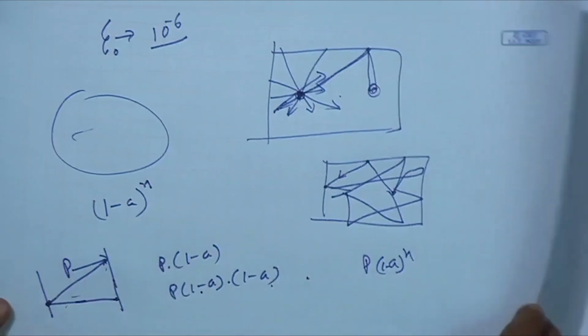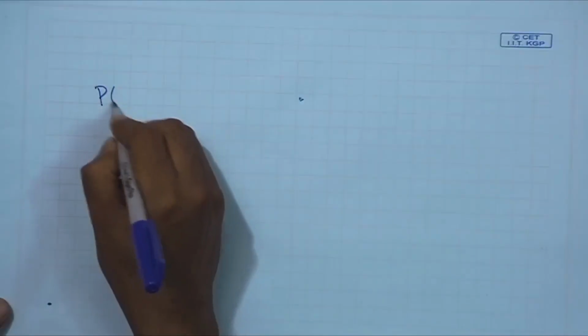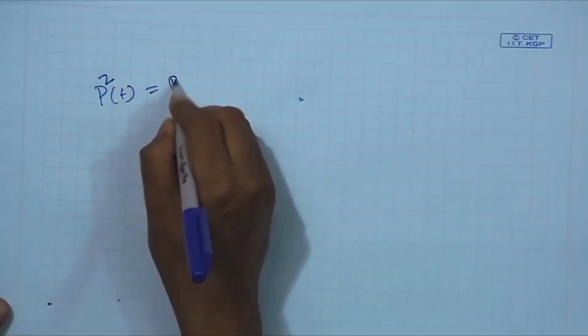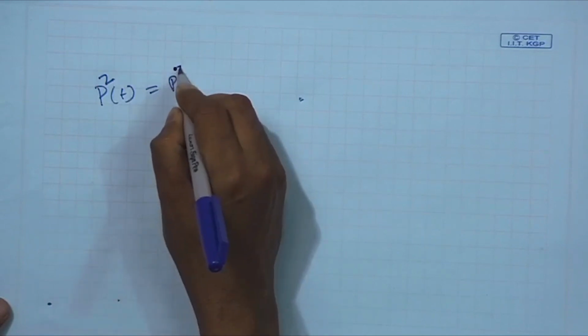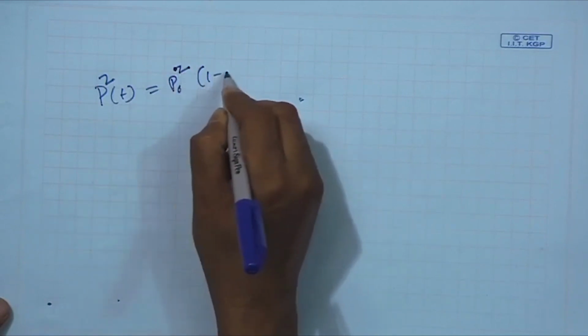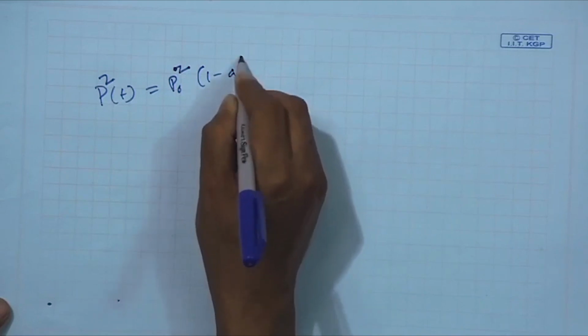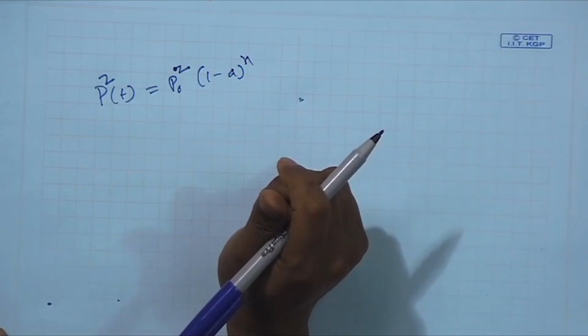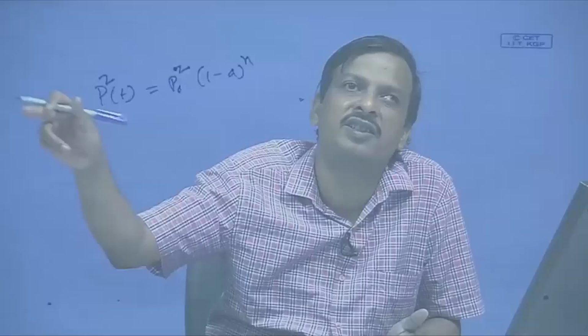Okay. So, after n reflections, what is P square t? It is P0 square, where P0 is the initial power, times 1 minus A to the power n. The intensity will also be absorbed in the same way.